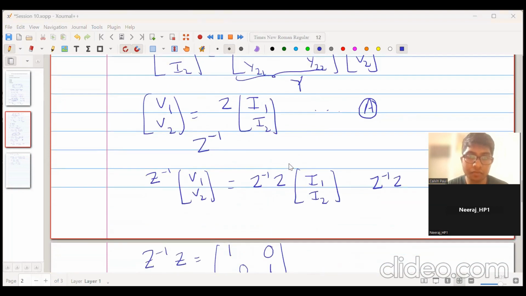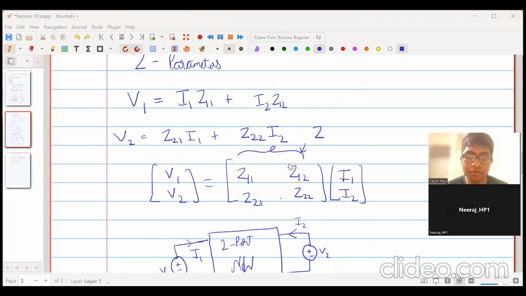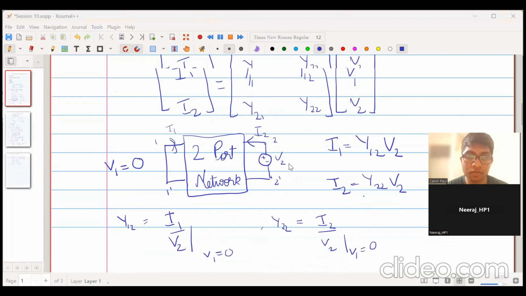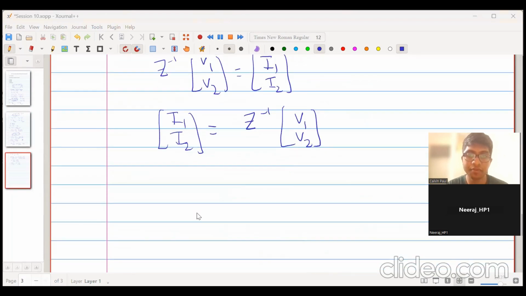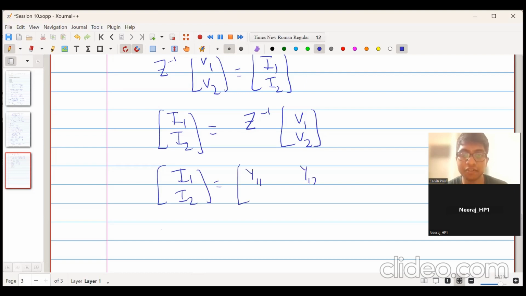Similarly, for the y parameters, we write it as I1, I2 is equal to y11, y12, y21, y22 into v1, v2.